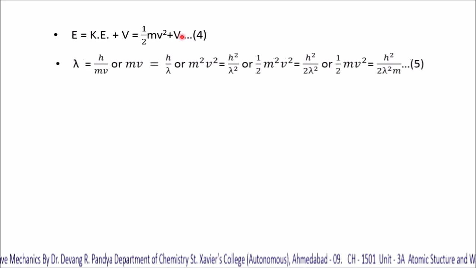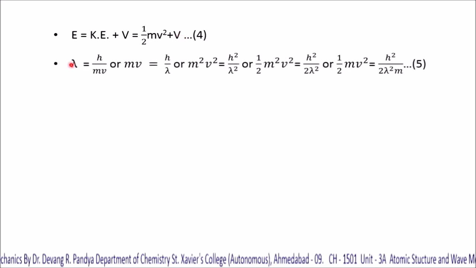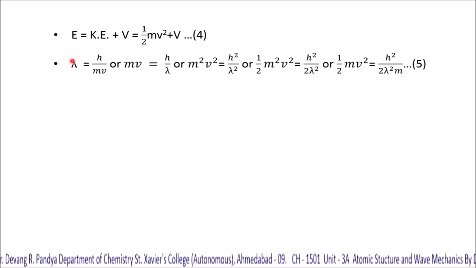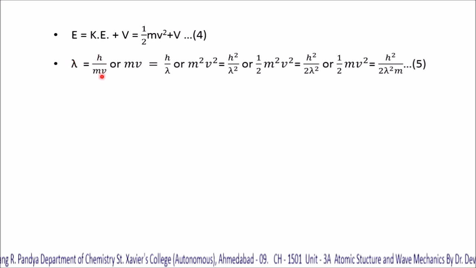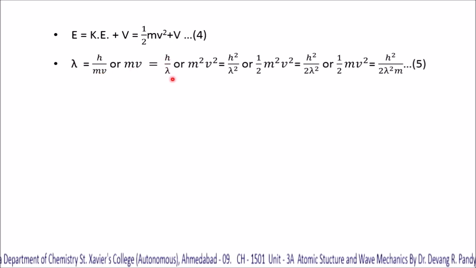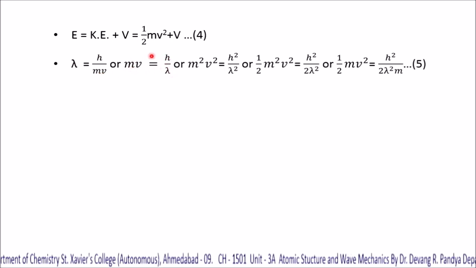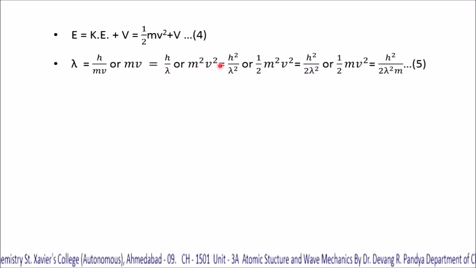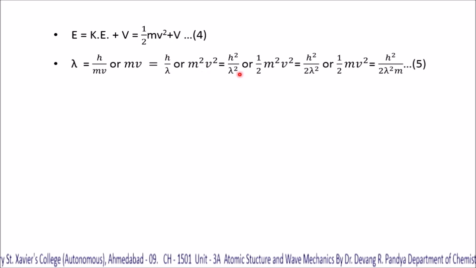Now if we study de Broglie's concept of wavelength λ, de Broglie's equation says that λ = h/mv, or we can say mv = h/λ. If we take the square of this equation, we get m²v² = h²/λ².